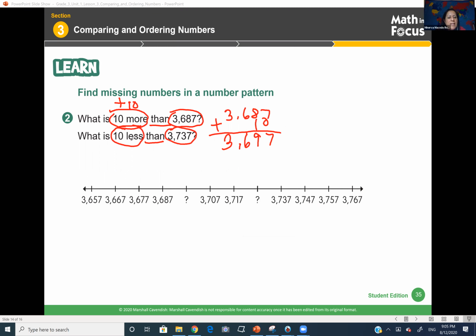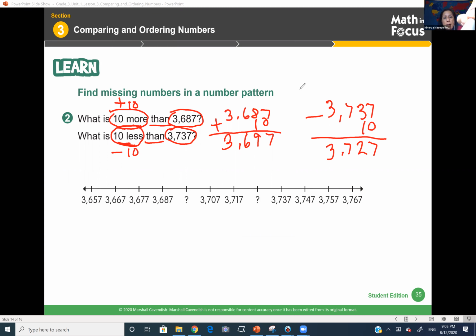So when you see the 10 less, you have to subtract 10. So I put my number here, 3,737. And because here says 10 less, minus 10. So I subtract 7 minus 0, 7, 3 minus 1, 2, 7, and 3.